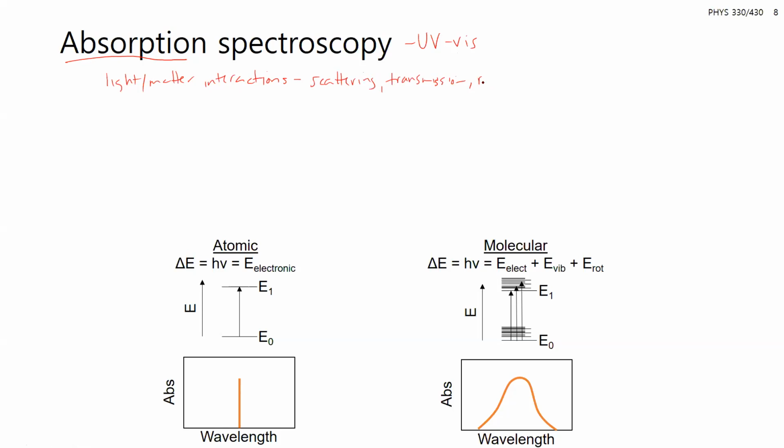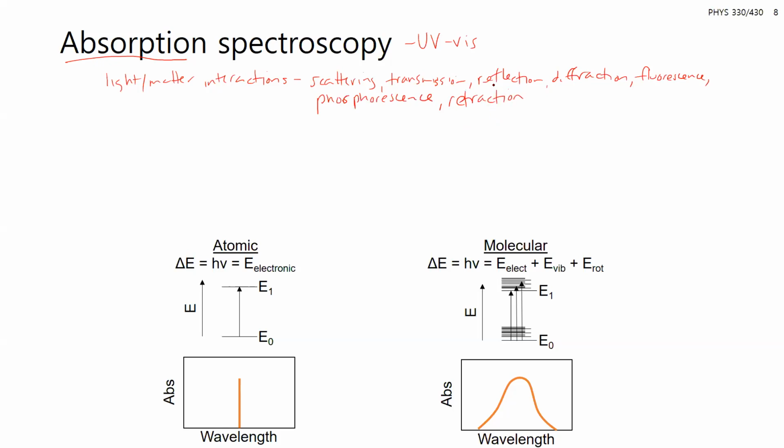Yeah, reflection, diffraction. We have absorption up there. Next week we're going to get into fluorescence and phosphorescence. There's also refraction. So there are lots of different ways.